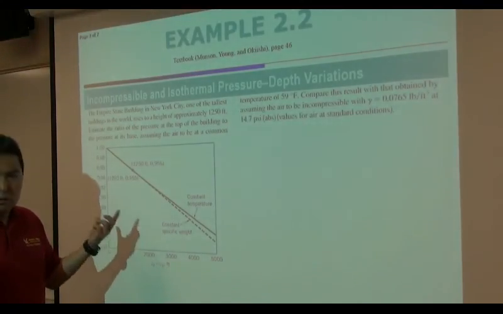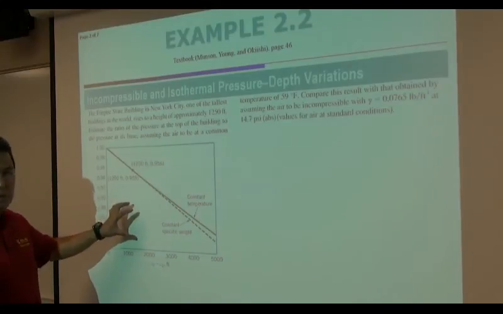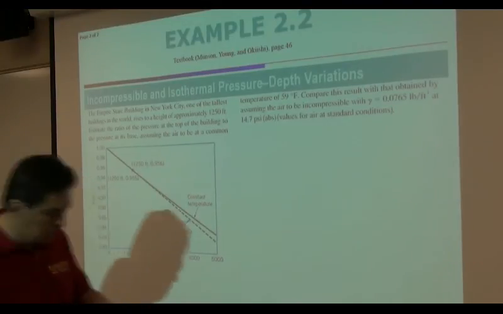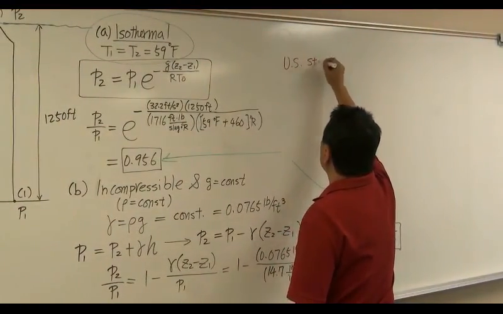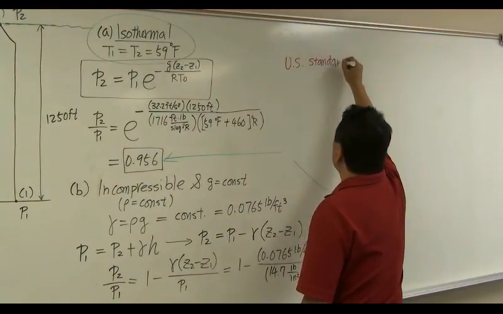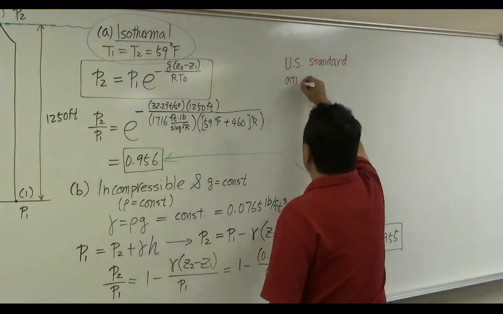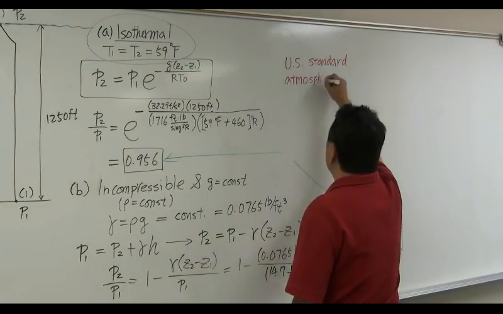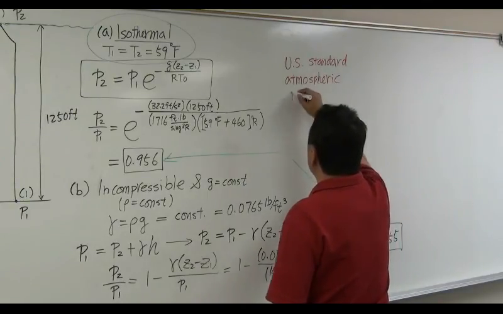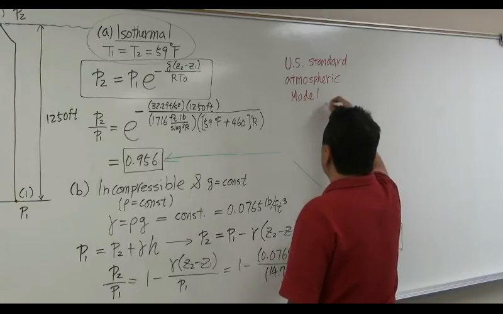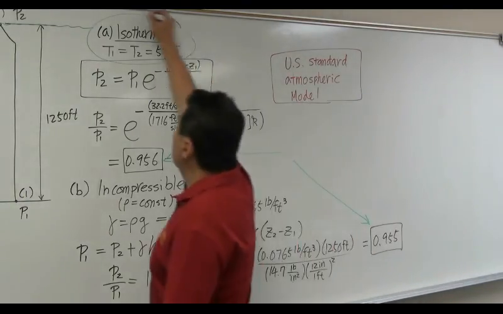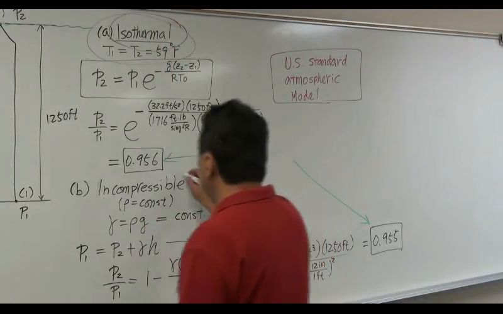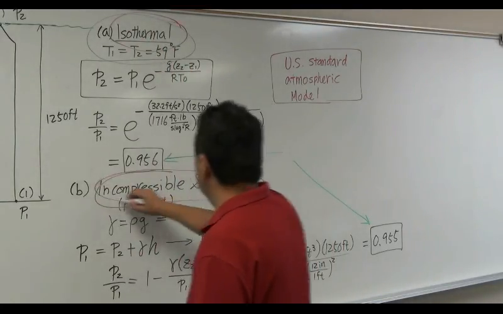All right. So I guess the next step we are going to see here is what is the most accurate model to predict pressure within atmosphere. It's called U.S. Standard Atmospheric Model. This is very much different from isothermal assumption or incompressible and gravity constant assumption.